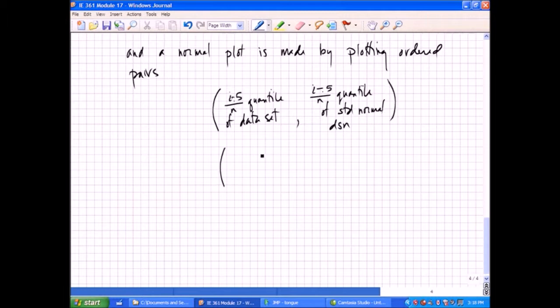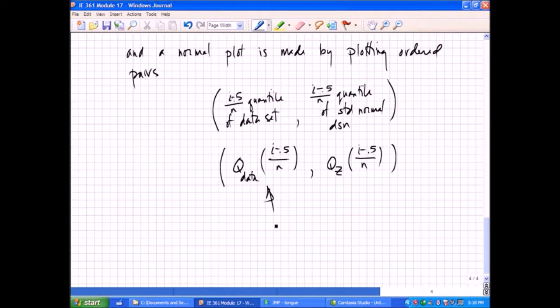And so the textbook writes something like this. It writes, say, Q for the data set, (i minus 0.5) over n. That's standing for the (i minus 0.5) over n point of the data set, and then Q sub z, that is the (i minus 0.5) over n point of the standard normal distribution.